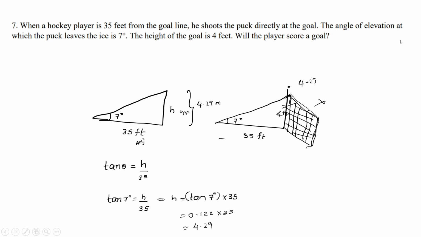Because when he's kicking at a 7 degree angle, at a distance of 35 feet from the goal, the ball will be reaching a height of 4.29, but the goal is only at a height of 4 feet. So the ball will not reach the goal and it will be a foul or something else. So there will be no point for it. Okay, thank you.